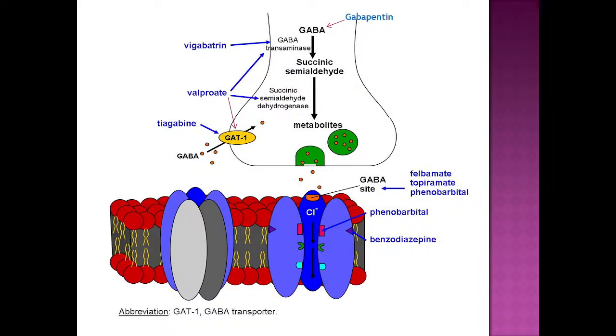Now one very important thing to write down: sodium valproate or valproic acid comes as a salt, that's why sodium valproate. It is the broadest spectrum anti-epileptic drug. The reason is that it has all possible mechanisms of action.